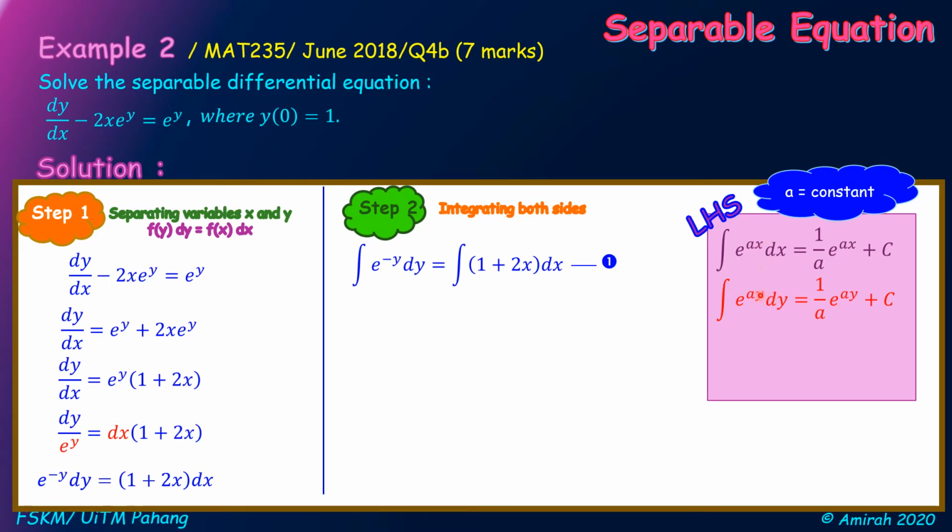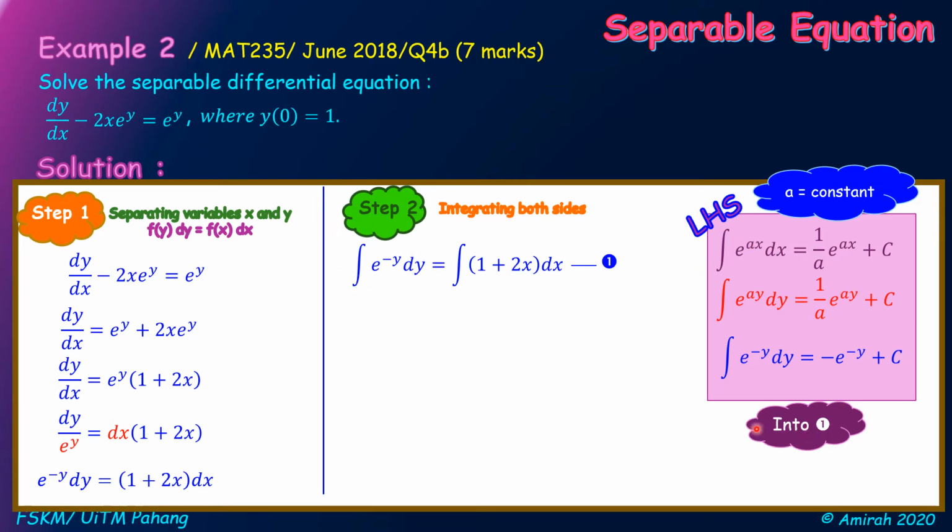We just replace variable x by y. When we compare to the integration on the left hand side, our a now is negative 1. So when we integrate e to the power of negative y dy, we have 1 over negative 1, which is negative 1, and then e to the power of negative y plus c. So now we have the answer for the left hand side.